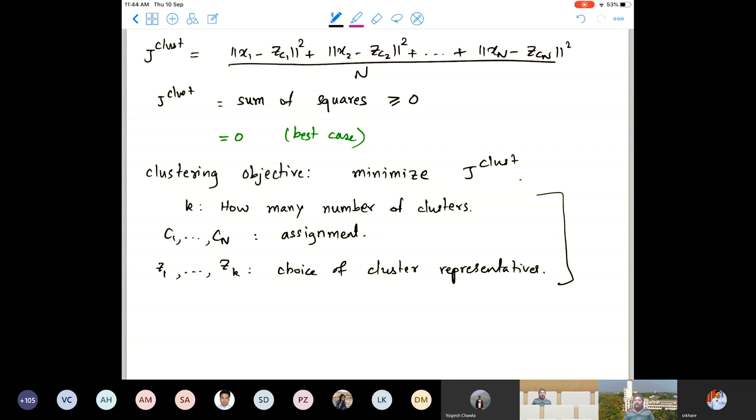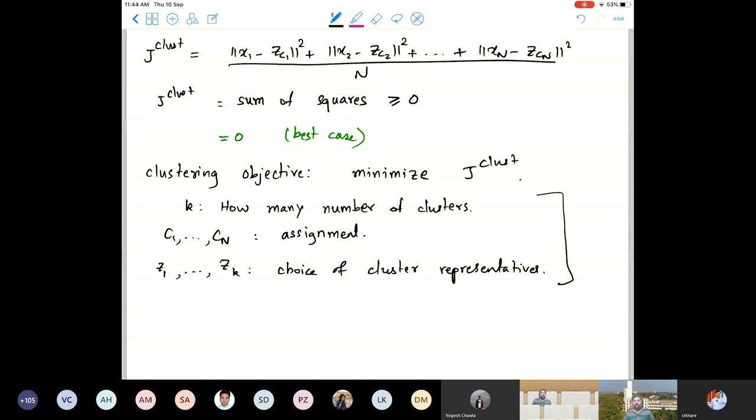These 3 variables will determine different values of the J cluster, and you have to choose that combination of the values of K, C1 up to Cn and Z1 up to Zk such that you minimize this J cluster. That's the problem that we want to solve, and that problem we call the clustering problem. Is the whole picture clear, what we are really going to do here?